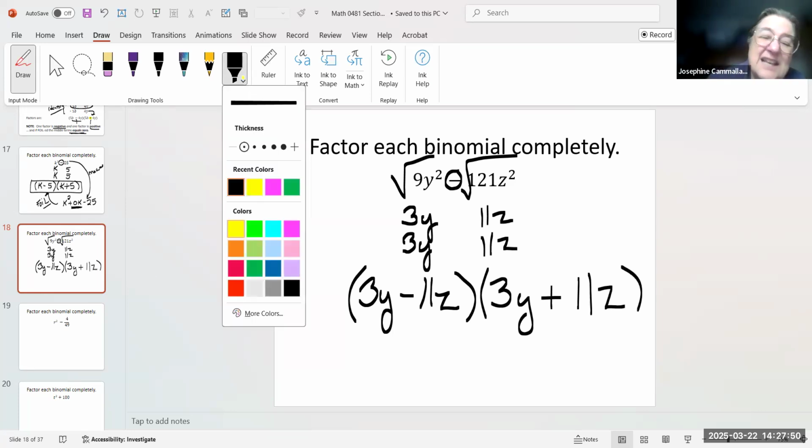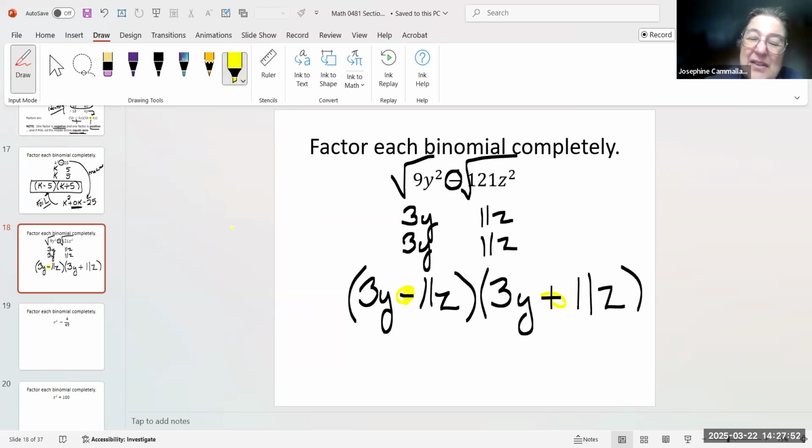And the signs have to be the opposite because we're going for 0 in the middle. We've got to be able to subtract to get 0 in the middle.